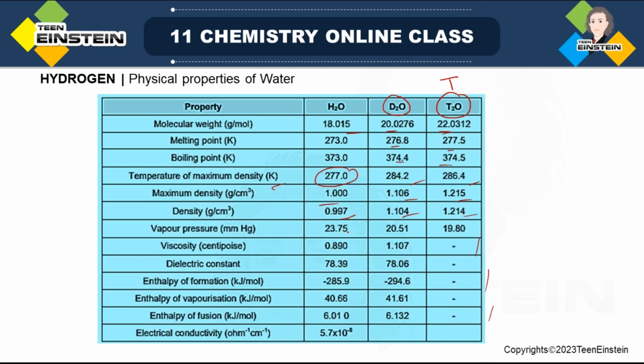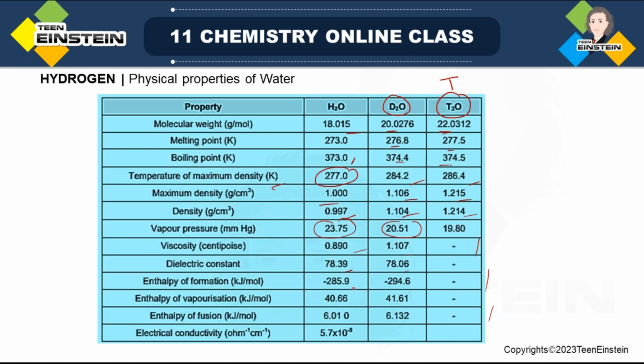Vapor pressure is more for these two. Now why is it so? Because if you look at the boiling point, as it is lower for H2O, obviously its vapor pressure will be comparatively higher because these two are inversely related. Then viscosity value and dielectric constant are almost the same.